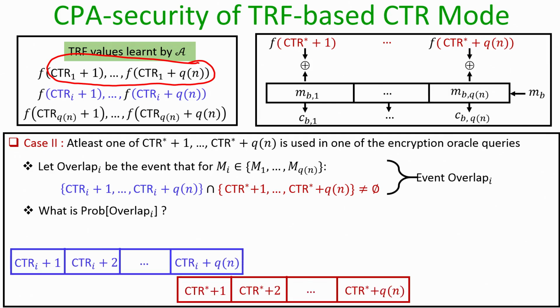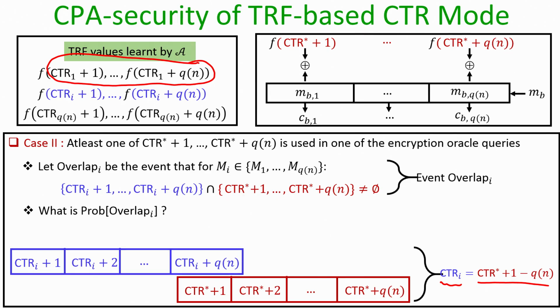As I said earlier, the event overlap I can occur in several ways. If event overlap I occurs because the last counter value used for encrypting the last block of the message MI is the same as the first counter value used for encrypting the first block of the challenge plain text, then the value of the ith counter value should satisfy this relationship.